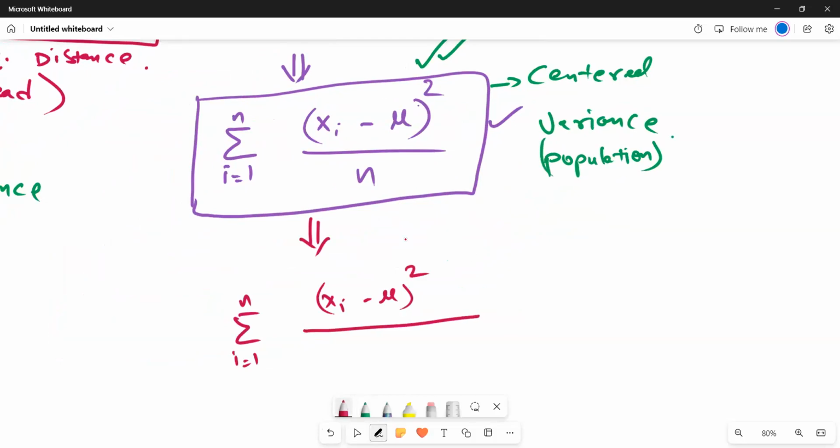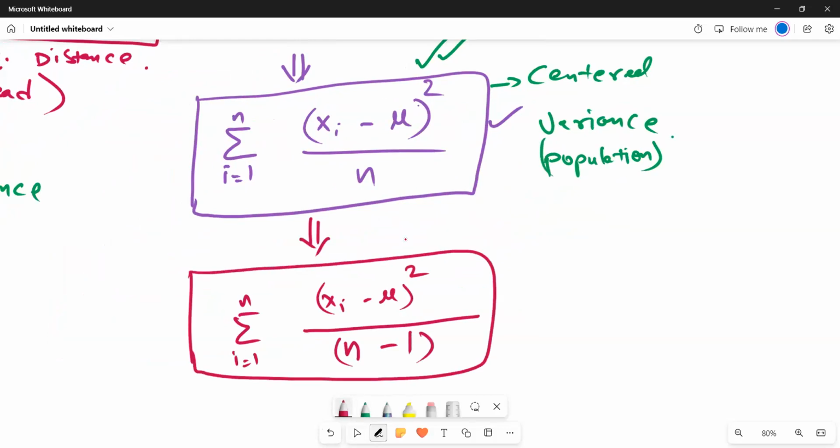Only the denominator changes from n to n minus 1. This particular formula is the centered variance for samples.